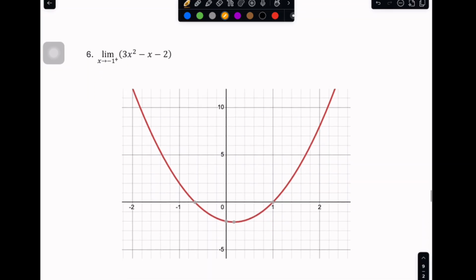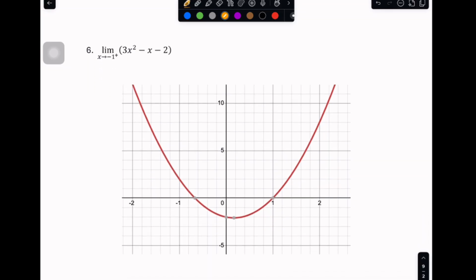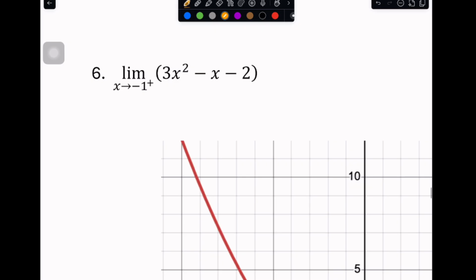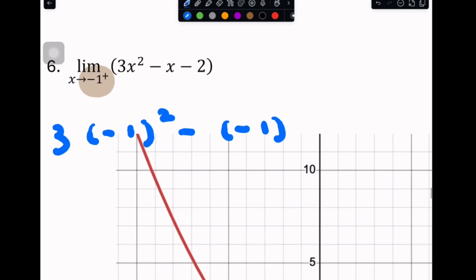All right. What about this? What kind of function is that? Is that a polynomial function? Okay. What's the limit then? They want you to go to what? -1 from the right. Okay. So you have 3 times (-1) squared minus (-1) minus 2.